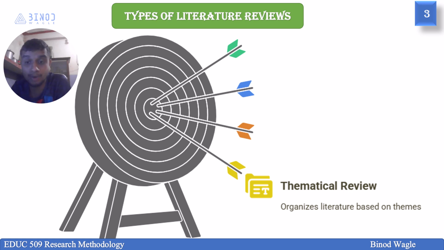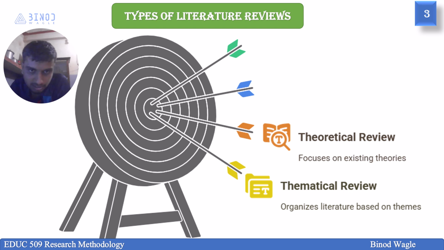These might be the themes while we are conducting research on stress in teachers. The next one is the theoretical review. We are very well aware of the various kinds of theory. In a theoretical review, we mainly focus on existing theory related to our topic.